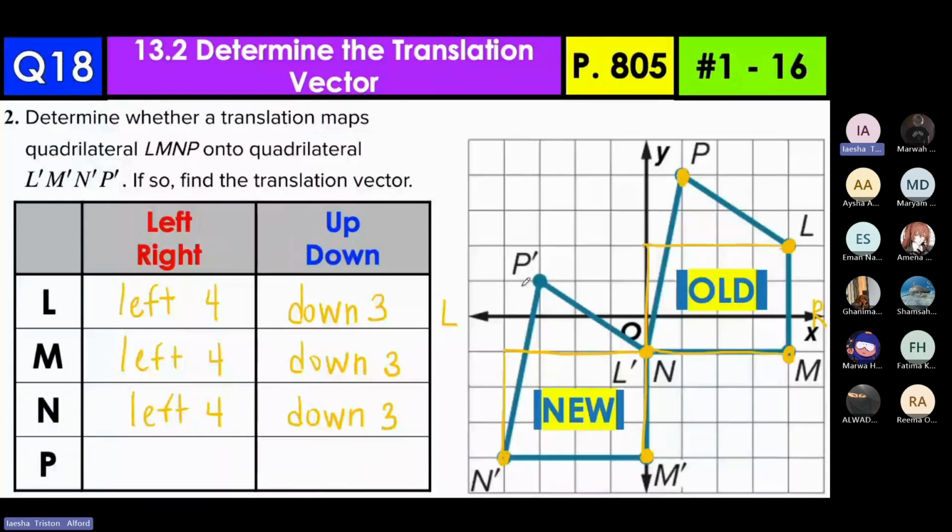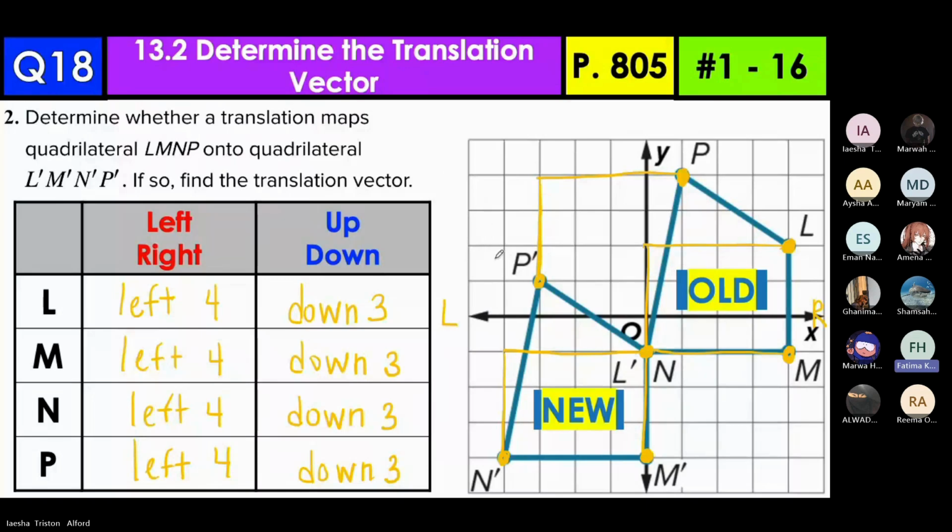Now from P to P prime. Left or right? Left. How many? 4. And down? Down 3. Good. So is this a translation, yes or no?